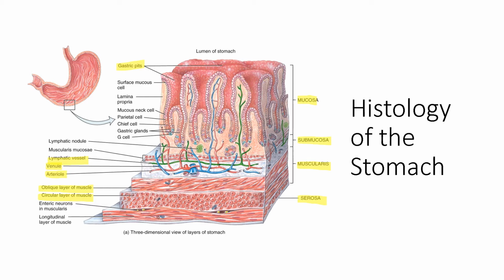Along the lining of these pits, we have lots of different cells: mucous neck cells, parietal cells, chief cells, G cells, and then there are also glands down here. We'll talk about all of these different cells within the mucosal layer of the stomach as well.